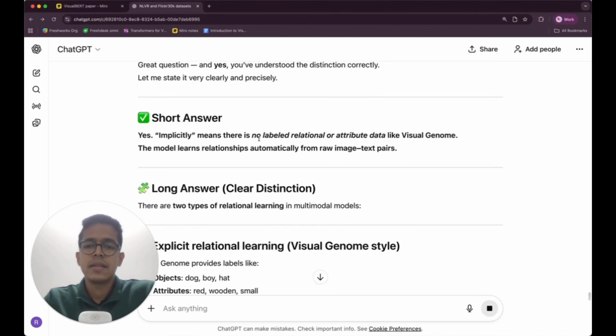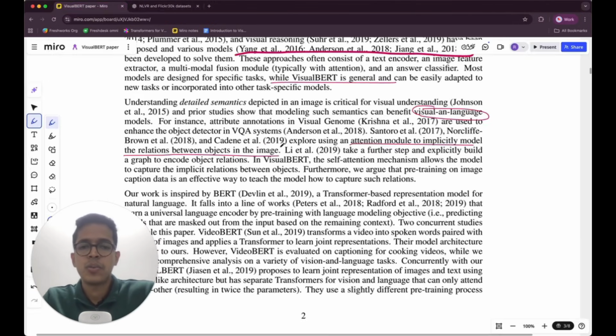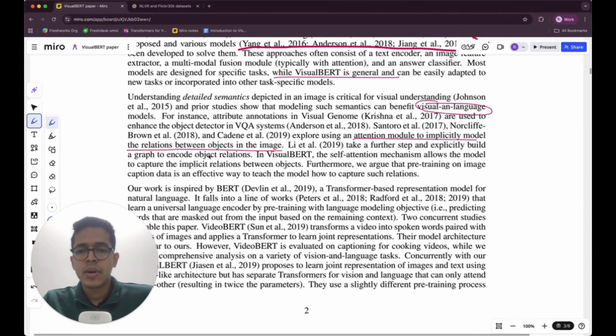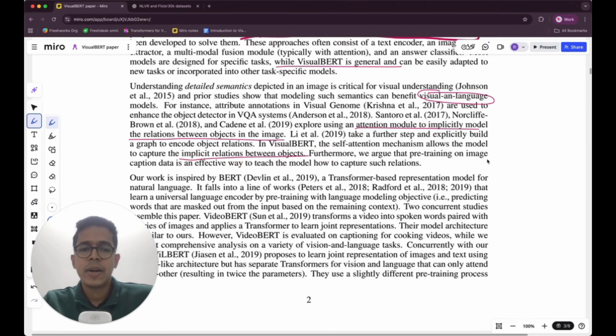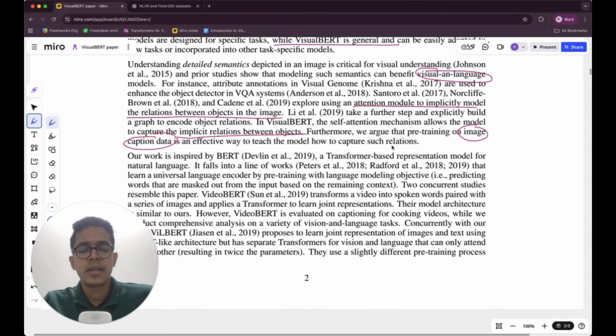So implicitly means there is no labeled attribute, unlike visual genome. Okay. Lee et al. take a further step and explicitly build a graph to encode object relations. In VisualBERT, the self-attention mechanism allows the model to capture implicit relationships between objects. Furthermore, we argue that pre-training on image caption data is an effective way to teach the model how to capture such relations. What do you mean by such relations? The relations that are there in an image.